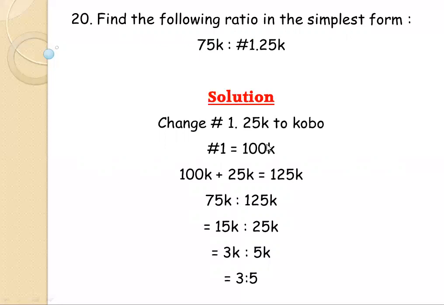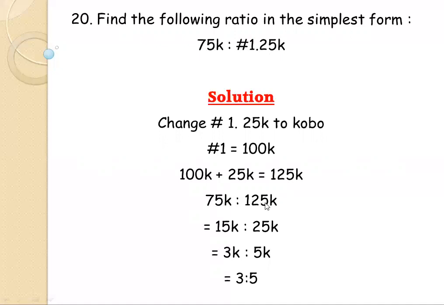If 1 naira is equal to 100 kobo, then 1 naira 25 kobo is equal to 100 kobo plus 25 kobo, and that will give me 125 kobo. So I can now put 125 in place of 1 naira 25 kobo. Do you see that? So I have 75 and 125.